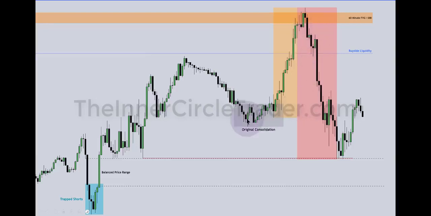Drops aggressively below the original consolidation, right back to the high of the balanced price range, right there. Which is also just below that old low right there that make these relative equal lows what? Suspect for sell side. So sell side liquidity resting below there, that's the draw.